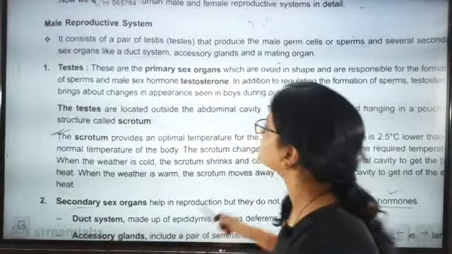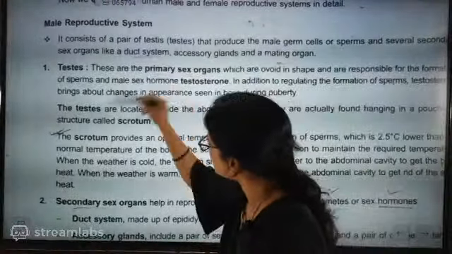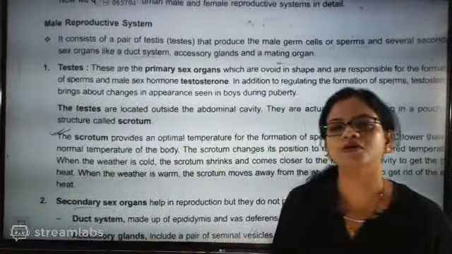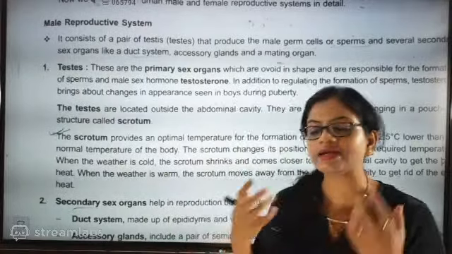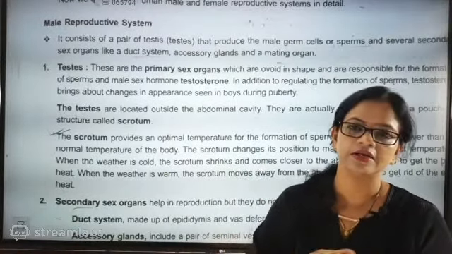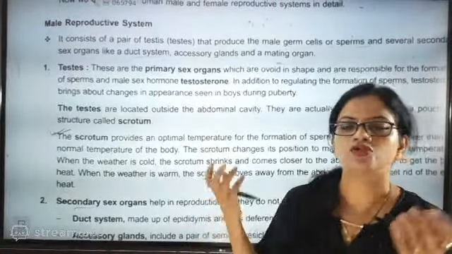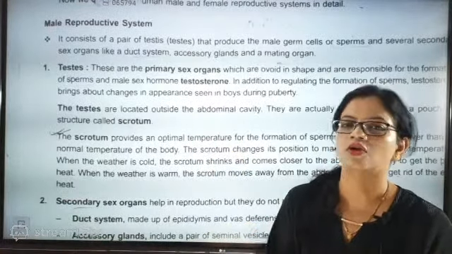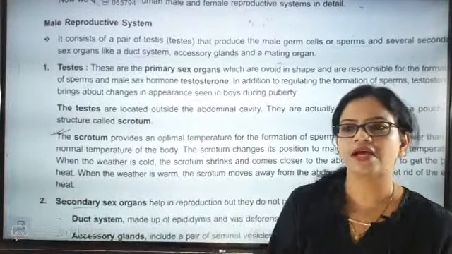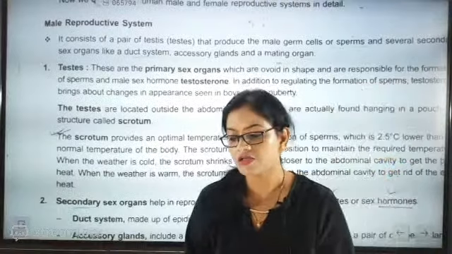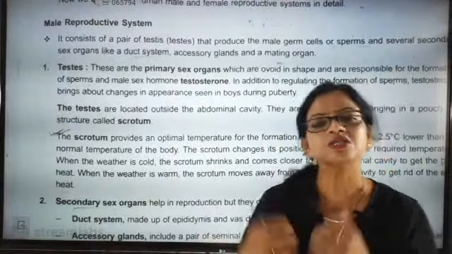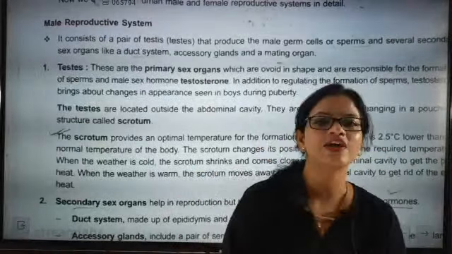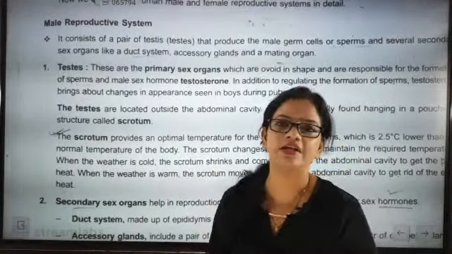Fine. Now the next important part is scrotum. Scrotum is the pouch containing the pair of testes. Then why is testis present in the scrotum? The human body temperature is 37 degrees Celsius, but sperm need 2.5 degrees less than 37 degrees Celsius.